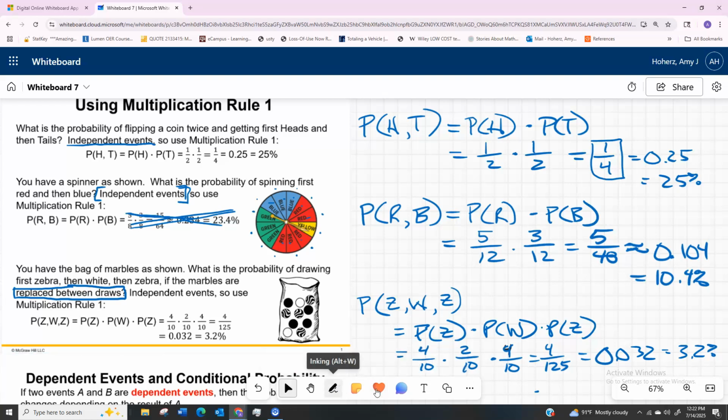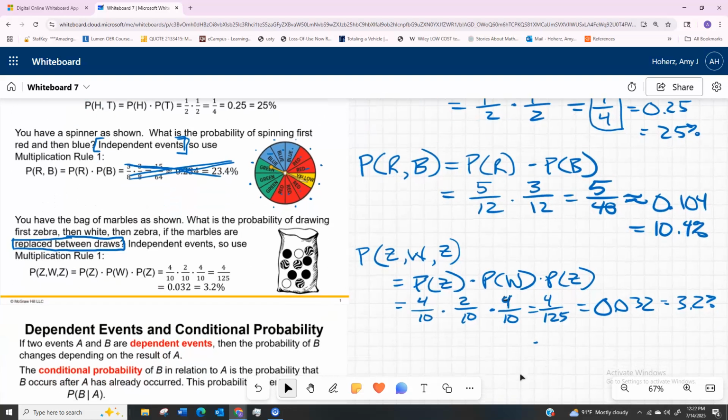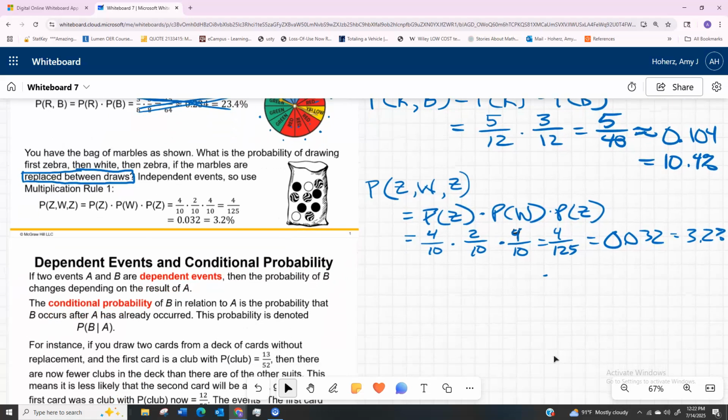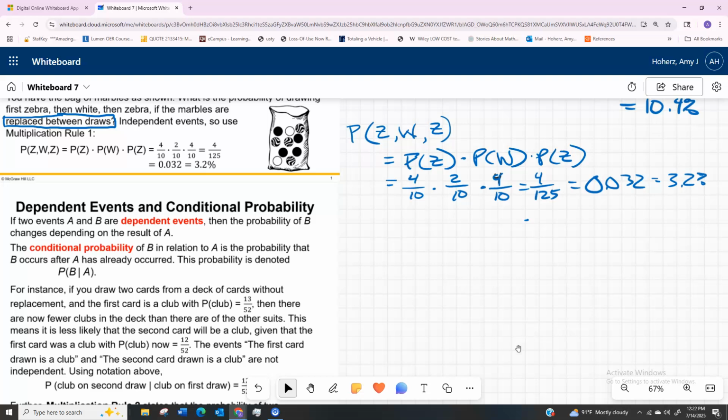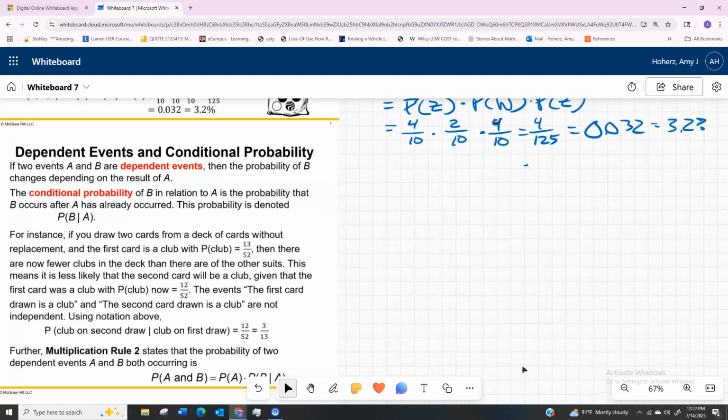Okay, so let's move on to our idea of dependent events. Now, when we're talking about dependent events, I want to emphasize that the multiplication rule is still in play.